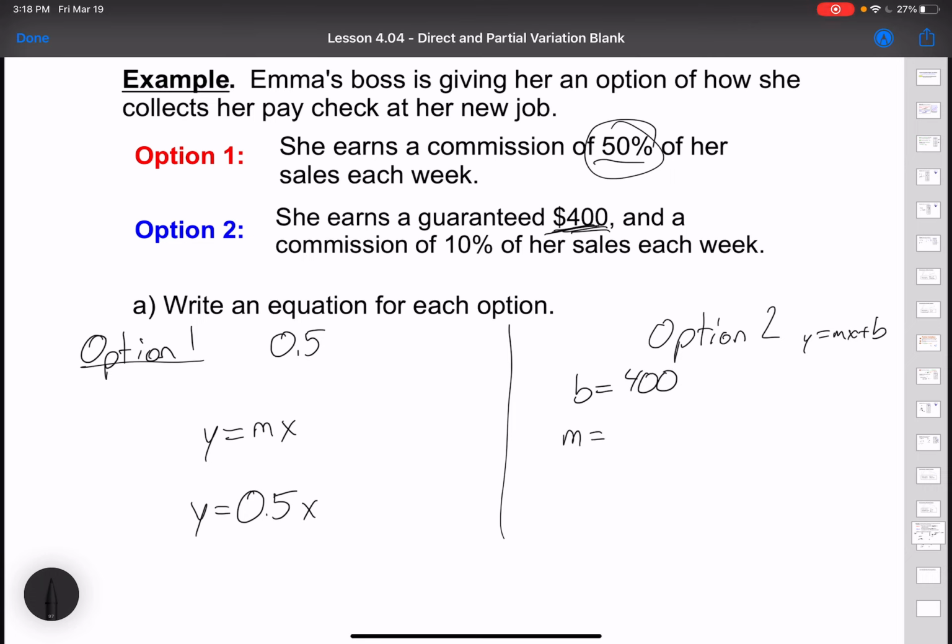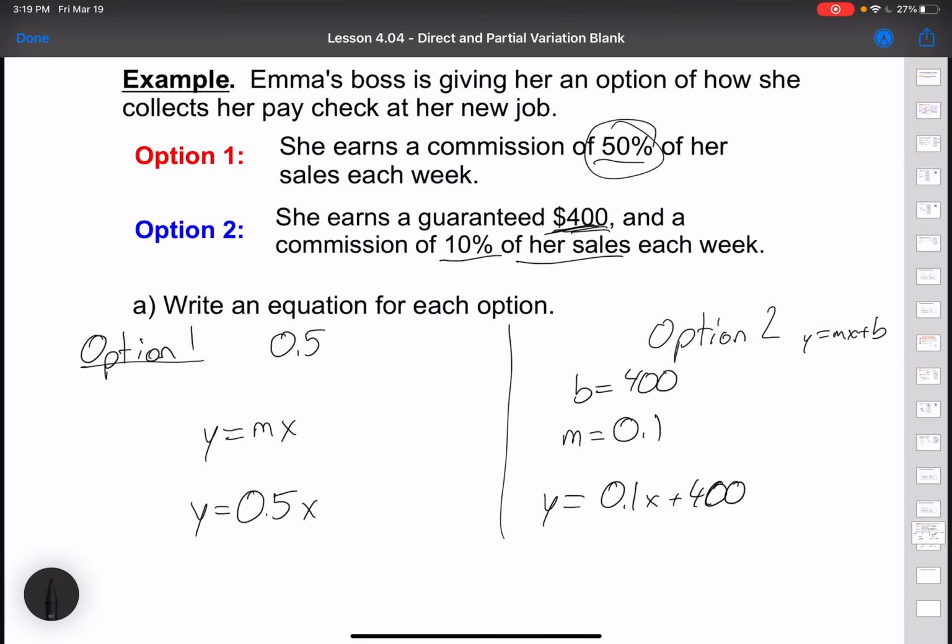And the variation comes in the form of the 10% of her sales. So m would be the 10% part, so 0.1, and then you'll do m times x. So you'll have something like 0.1 times x plus the 400 you start with. And there you have your two options.